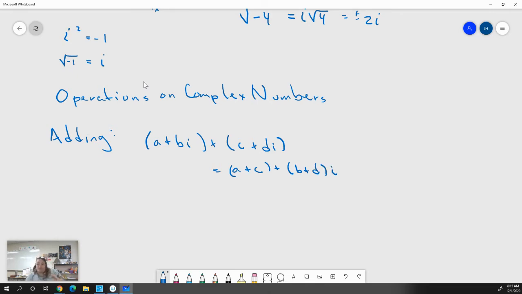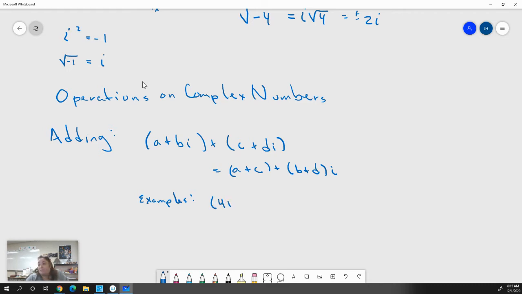Now all that did is factor it out. What does that mean in terms of real number examples? It just means that we add our like terms, right? Just like we've done over and over again with anything else when we're talking about variables.